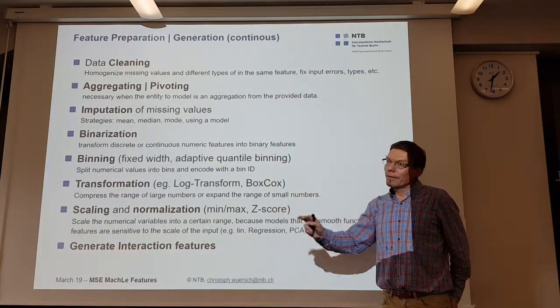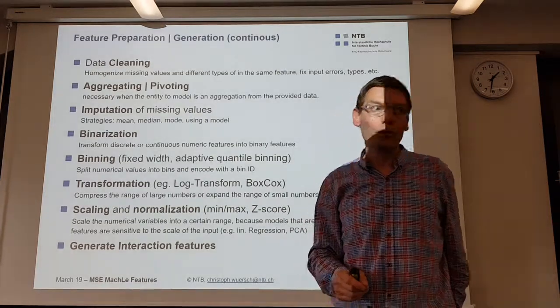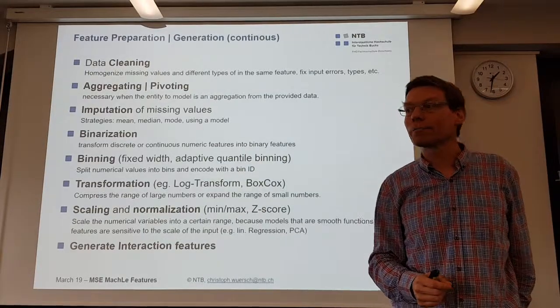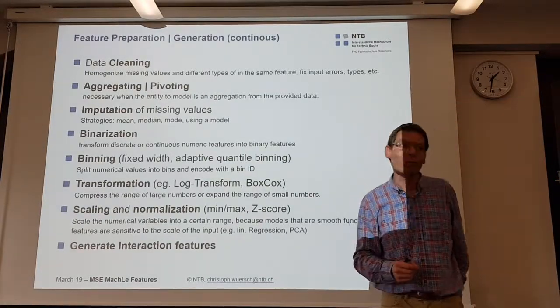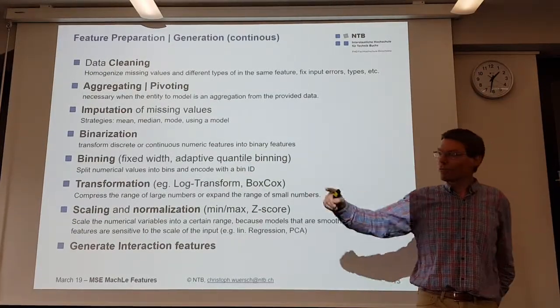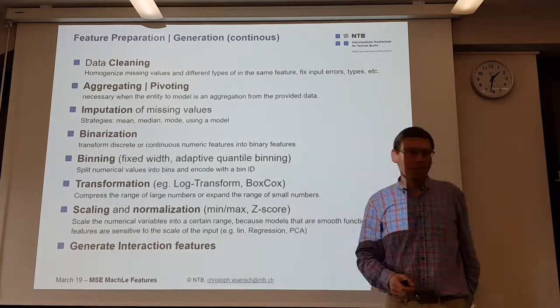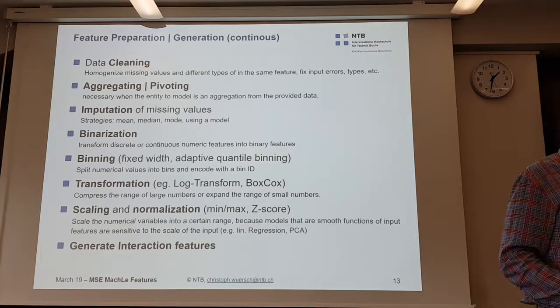Sometimes the data is not evenly distributed. That's normally the case. For example, if you wait for a bus, the waiting times are not distributed uniformly, but like an exponential distribution.